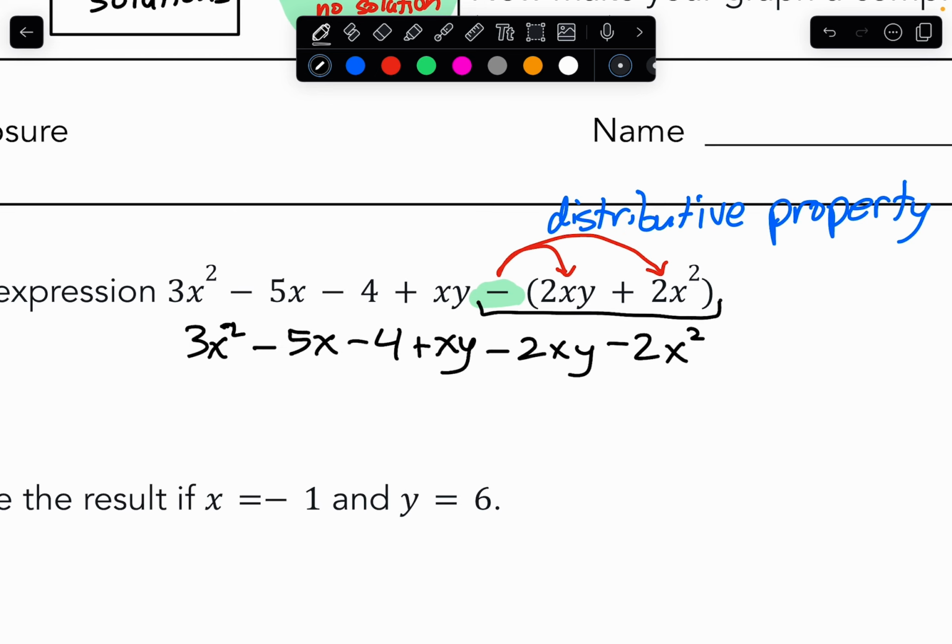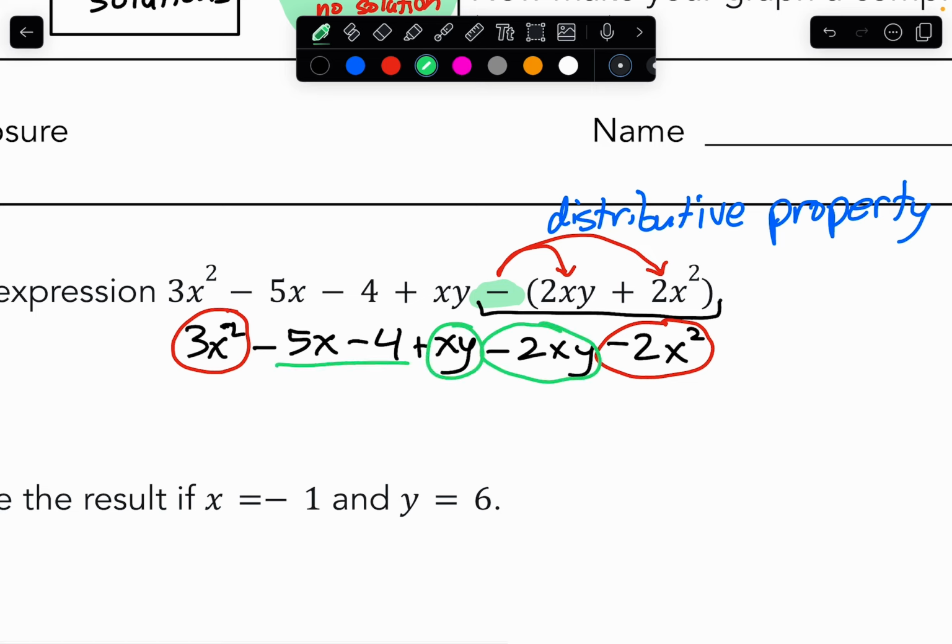Okay. All right, I want to go ahead now and combine like terms. I'm going to notice that I have 3x squared and -2x squared. I'm also going to notice that I have, let me use a different color here, xy and a -2xy.